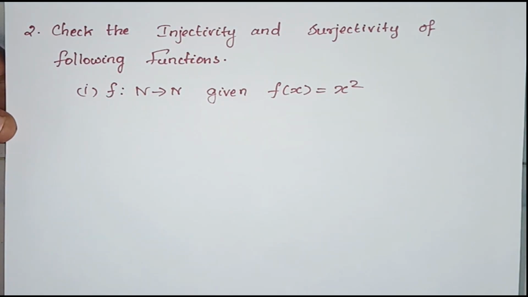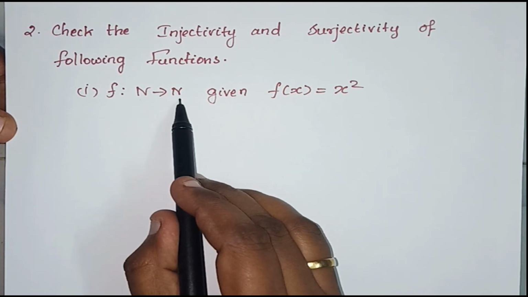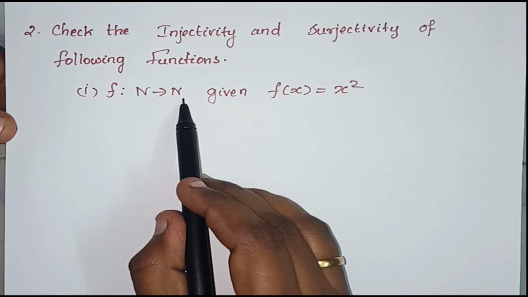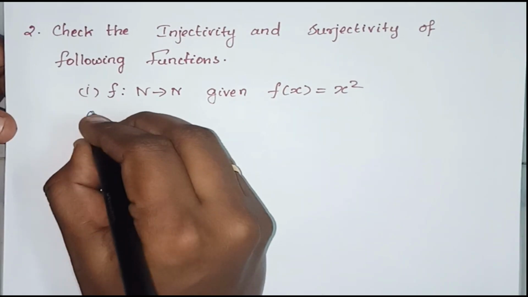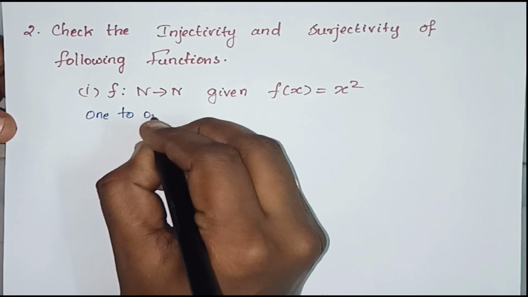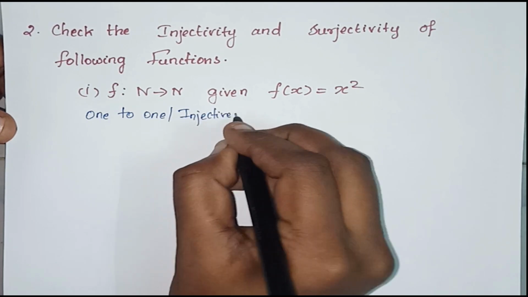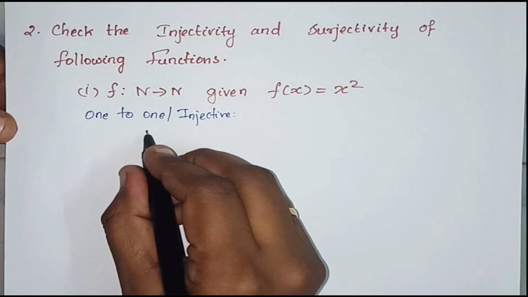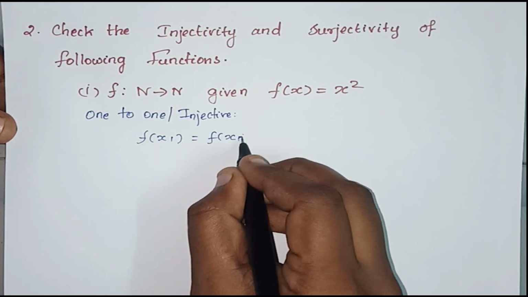So the set of possible values of x should be natural numbers, and the possible values of y should be natural numbers. Given that the function f of x is equal to x square. So first we need to check this one-to-one, that is injective. Okay. So what is the condition for injective? f of x1 is equal to f of x2.